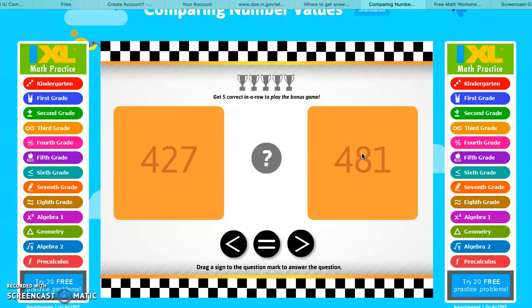We can figure out that 8 is bigger than 2. So we're going to do this. That is going to mean that 481 is bigger than 427. So let's see if that's right. Yep.